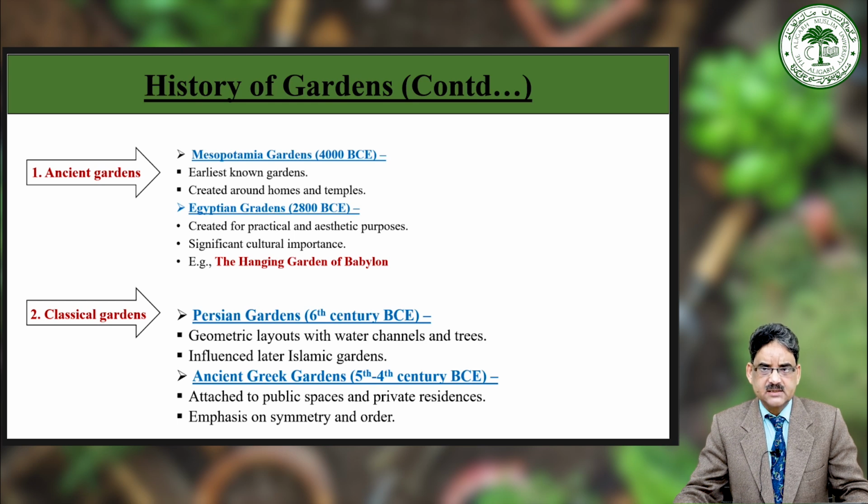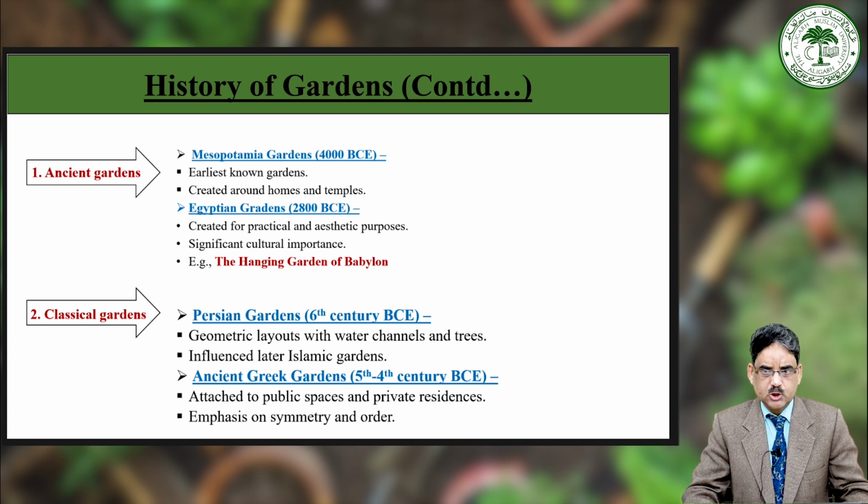The Hanging Gardens of Babylon, one of the seven wonders of the ancient world, exemplify the grandeur of ancient gardening. After ancient gardens come classical gardens, which include Persian gardens of the 6th century BC.